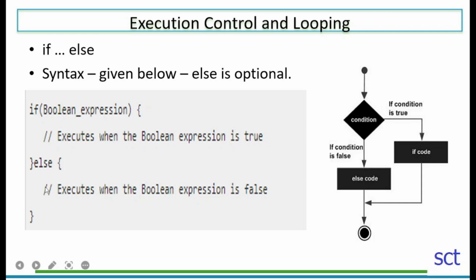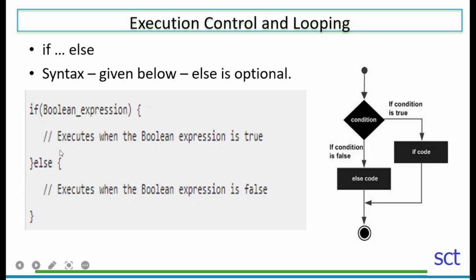After else, you have an open curly bracket and a close curly bracket, and whatever statements are written there will be executed. So when the boolean expression is true, this portion of the code is executed, else this portion of the code is executed.